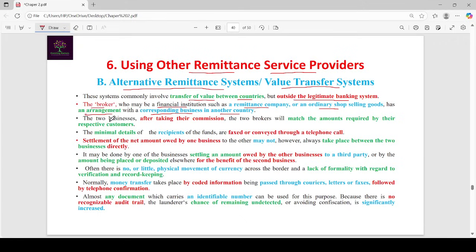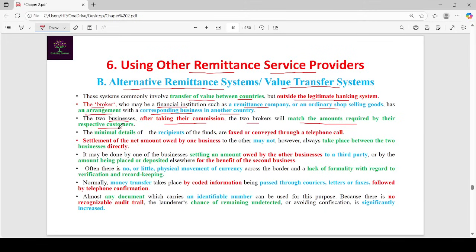These two brokers or two businesses, after taking their commission, will match the amounts required by their respective customers. For example, 1 crore US dollars to be transferred to the US. First, these two brokers take their commission, then they will match the amounts required by their respective customers.